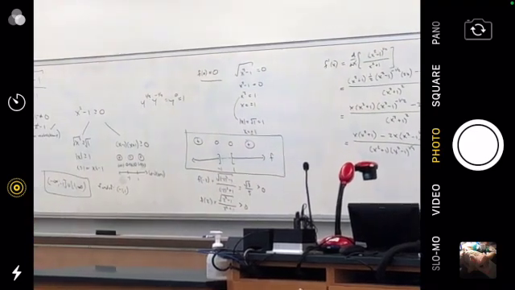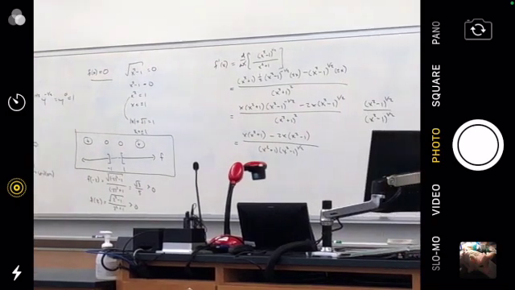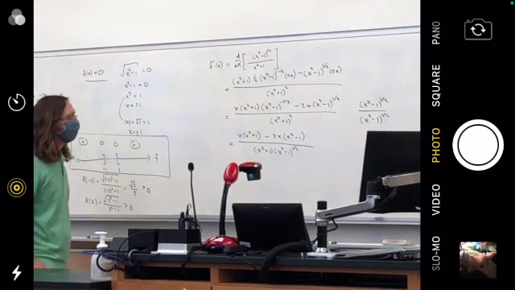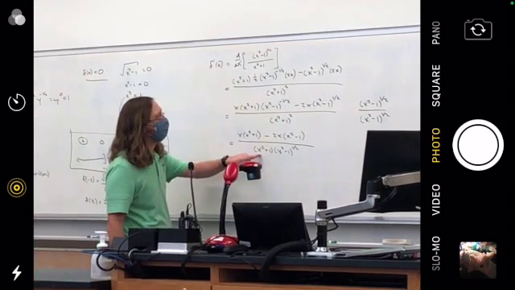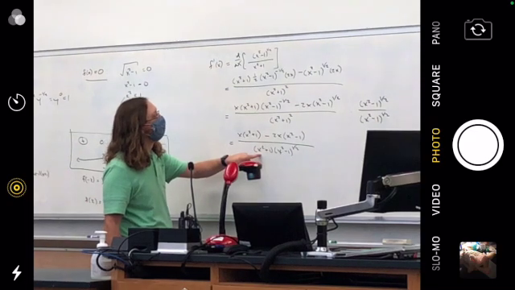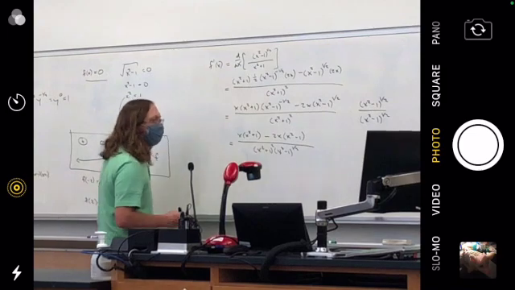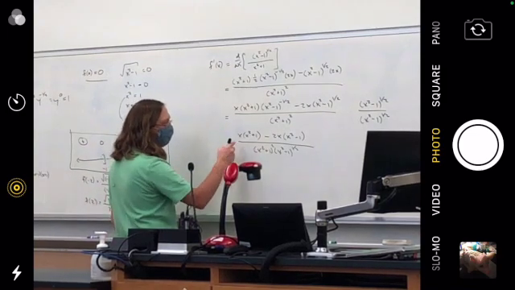Isn't there supposed to be a square? The x squared plus 1? Wasn't that squared in the previous step? Yes. Yep. Alright, so what happens in the top?